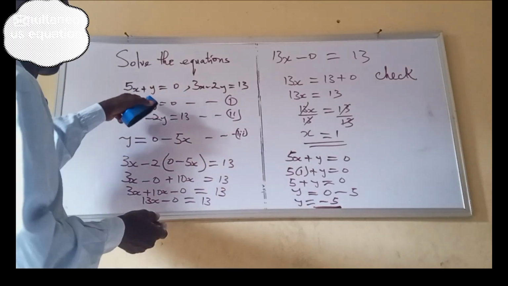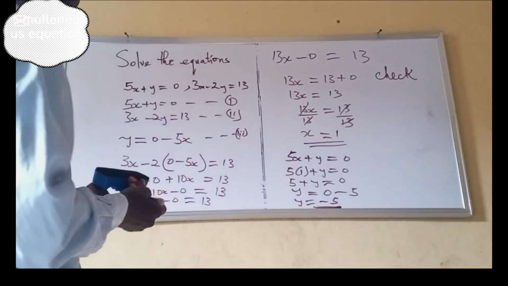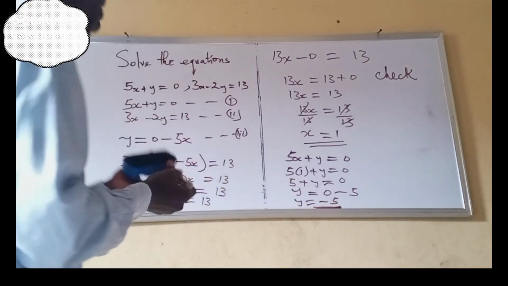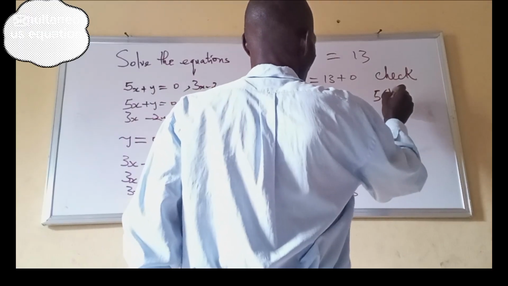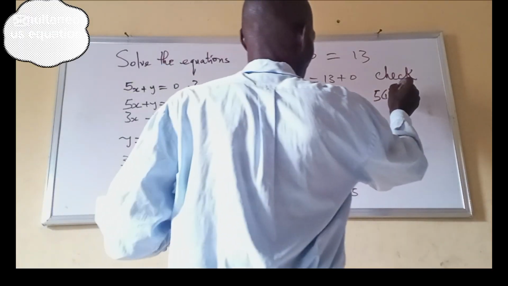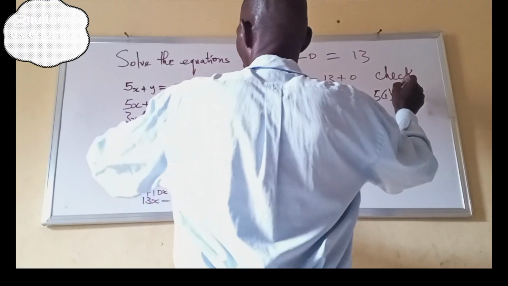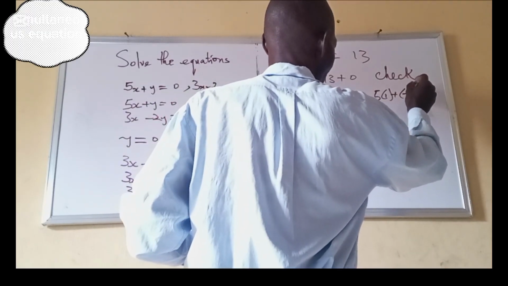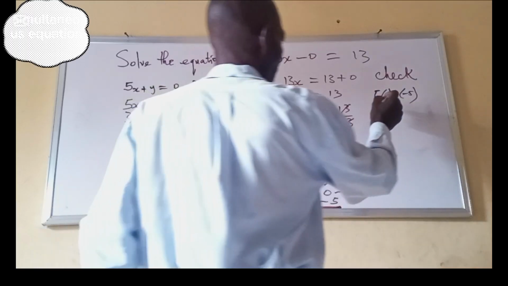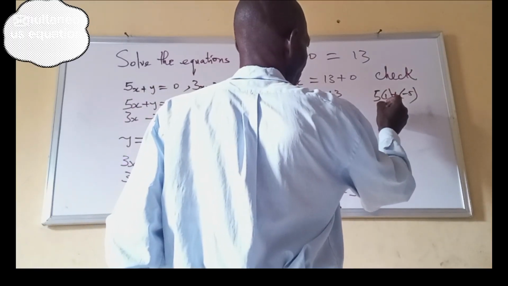So this first equation is 5 times 1 plus y. Our y is minus 5. So you have 5 times 1 is 5.